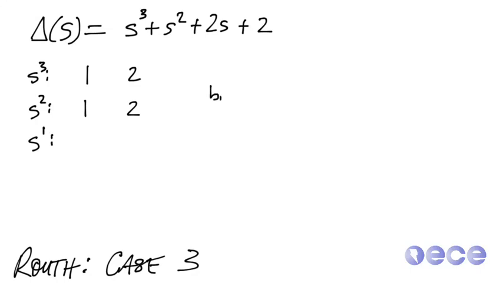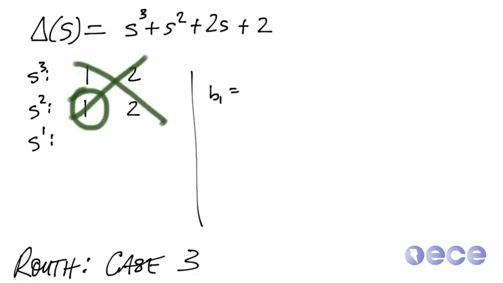So next we're going to build the S1 row by calculating B1. You'll notice as you do more of these examples that when you have a pattern where two rows seem to be repeated, you're probably going to end up with a 0. So here we can see that as we calculate B1, the value is based on the product of 1, 2 minus 1, 2 divided by 1.